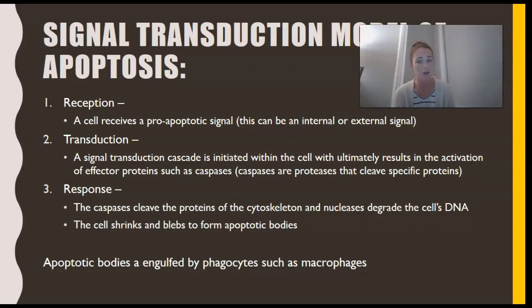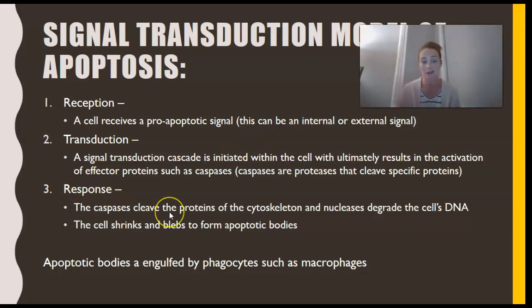What do caspases do? Take it straight from the study design. Caspases are proteins that cleave, enzymes that cleave specific proteins. So they are working inside the cell to break down those proteins that are doing different jobs around the cell, and that's going to ultimately lead to the cell collapsing.